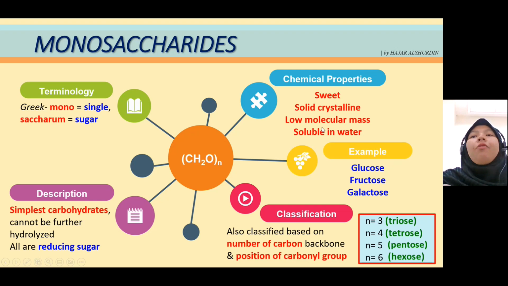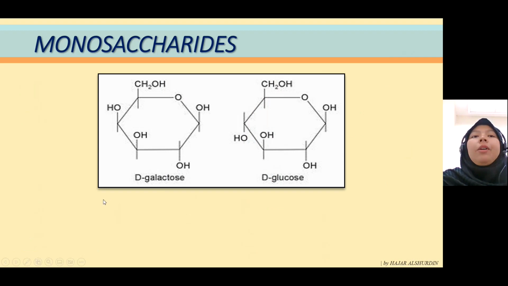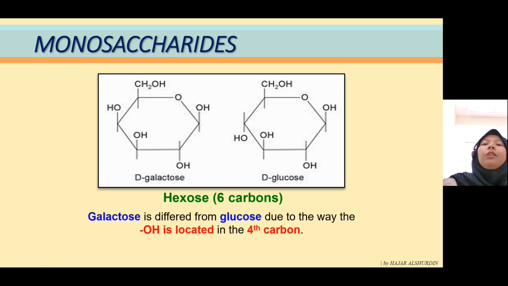Okay, examples of monosaccharide: glucose, fructose, and galactose. So this is the structure and the name of D-galactose and D-glucose. There are 6 carbons, so we call it hexose. Galactose is different from glucose due to the way the hydroxyl group is located on the 4th carbon.